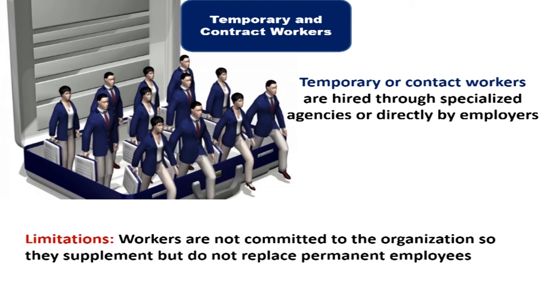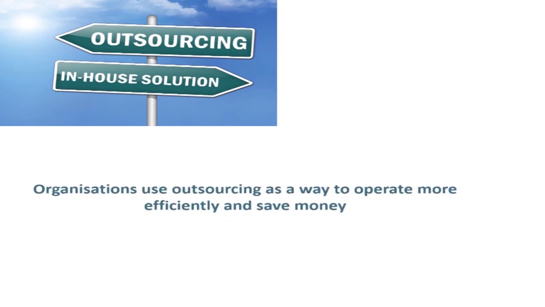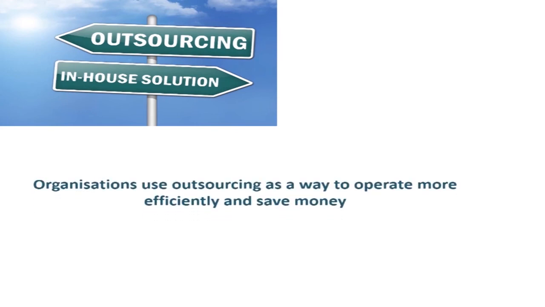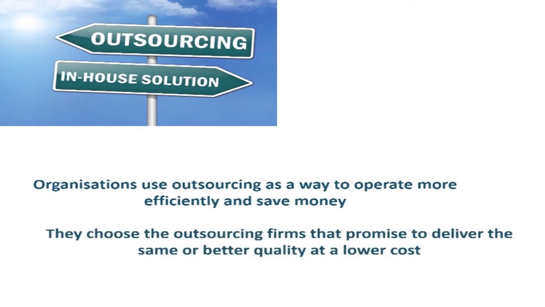Now, another way of dealing with labor shortage could be outsourcing. Well, organizations use outsourcing as a way to operate more efficiently and save money. They choose the outsourcing firms that promise to deliver the same or better quality at a lower cost.